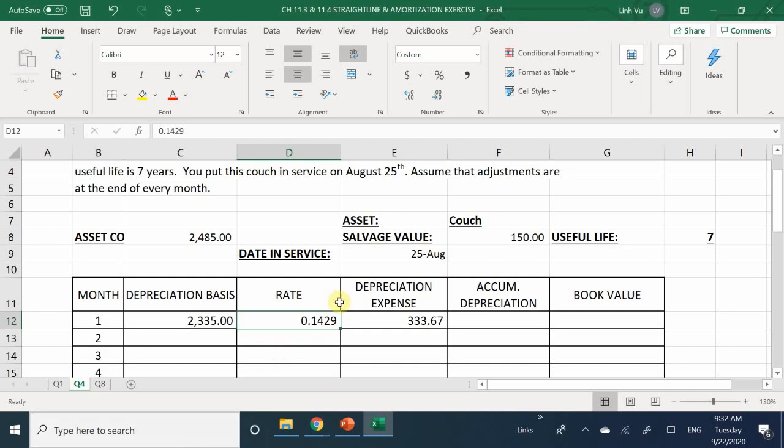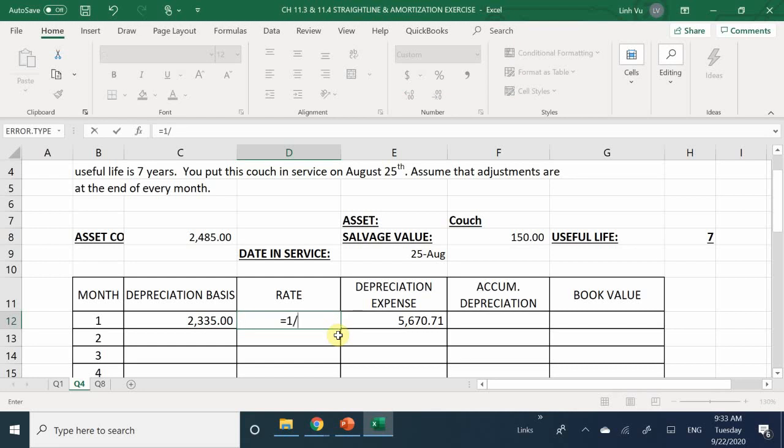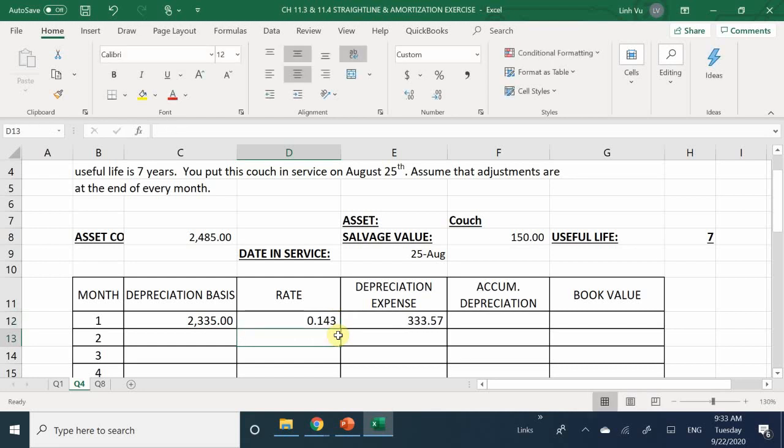Okay, so in your Excel, you display this right here, right? But if you keep extending out the decimal points here, you're going to see that it rounds it for you, and it shows as if it is 1.429. But in this case, what I did is I just typed it in, 0.1429.